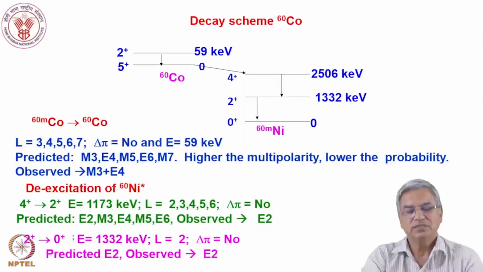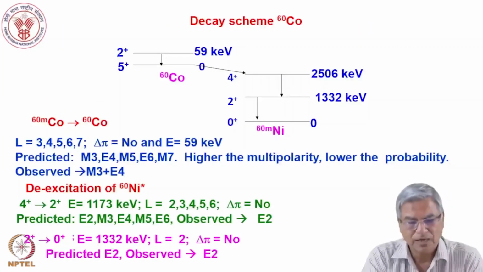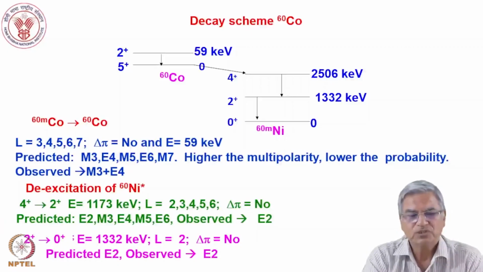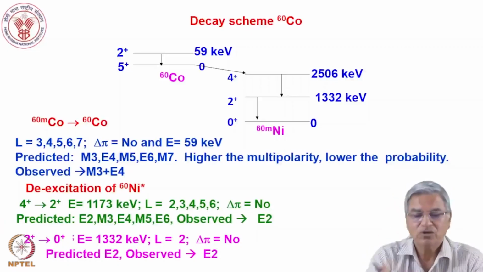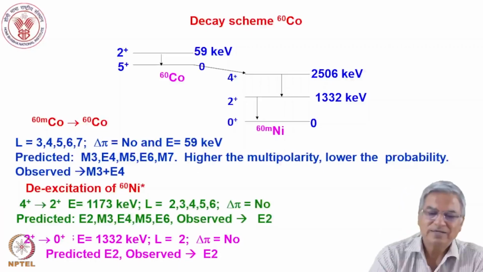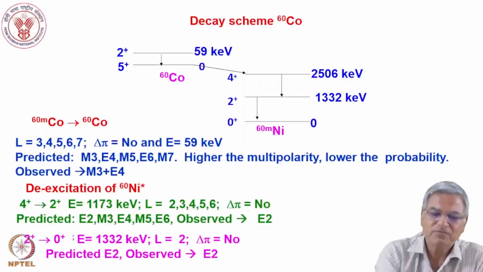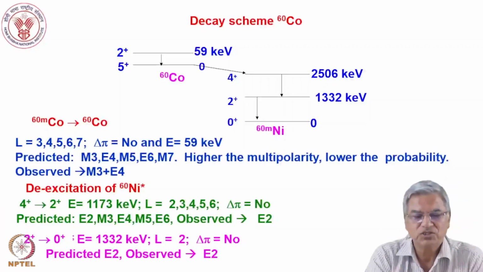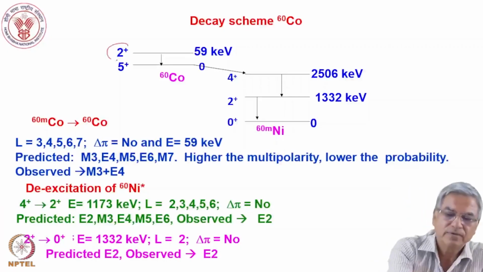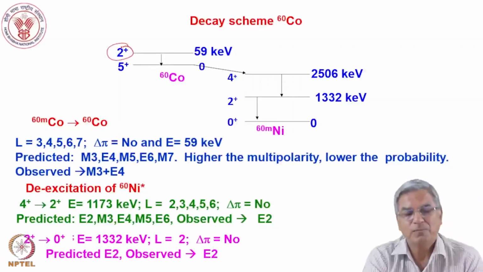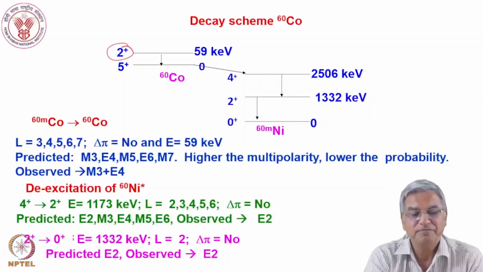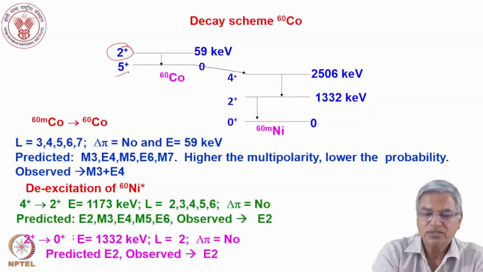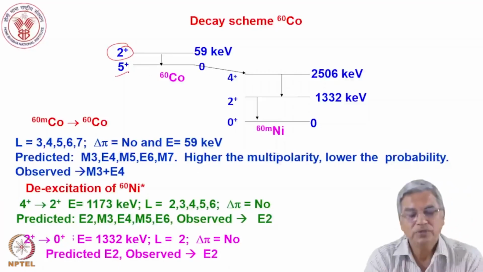Now we will illustrate this by an example of cobalt-60. Cobalt-60 has a very detailed decay scheme. From the excited state of cobalt-60, a 2+ state emits a gamma ray of 59 keV to the 5+ state.